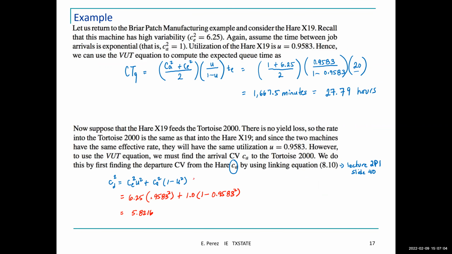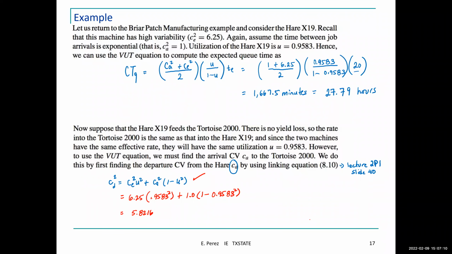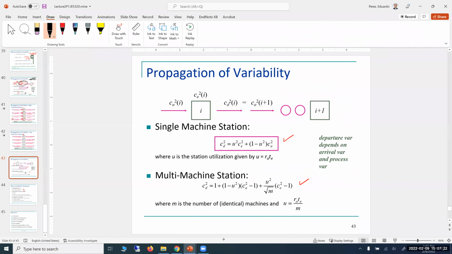In this equation? In the other set of slides? Oh, so this I?